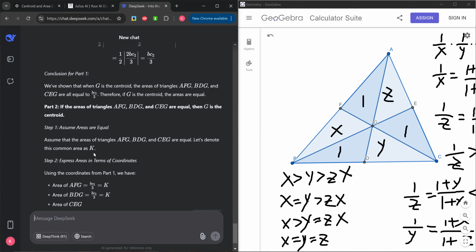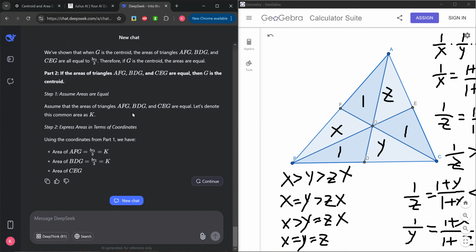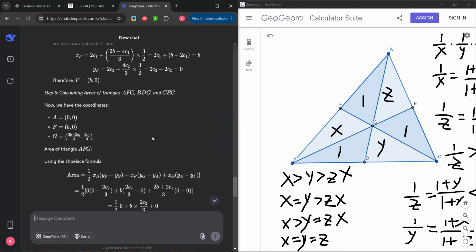There's no common area. Okay, it's saying all of these areas are equal to K. That's fine. And express areas in terms of coordinates, using the coordinates from part 1.